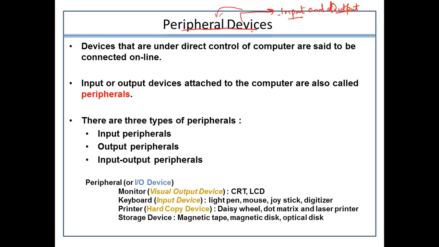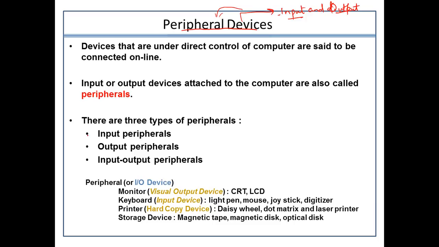Like if I am talking about a keyboard, I need not define it as an input device. I can simply say it is a peripheral device. Same is the case with the monitor, the printer, or any other hardware equipment which is externally attached to the digital machine. I can simply name them peripheral devices.